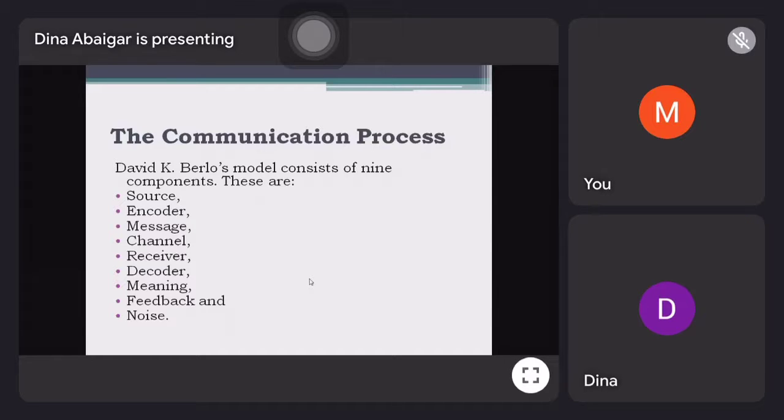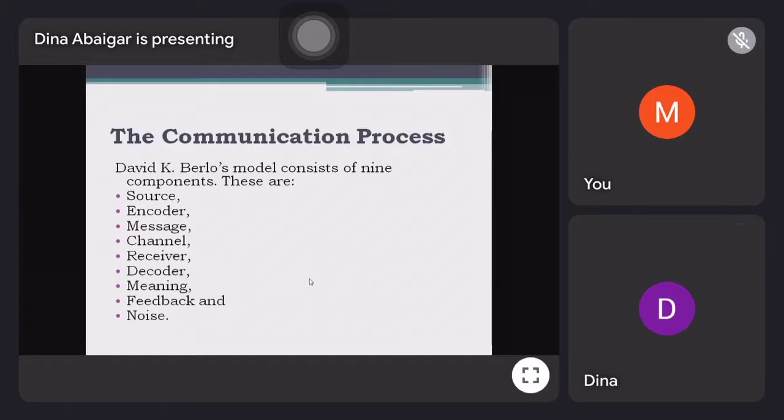The encoder encodes his or her meaningful message. The message is the impact or the whole thought of what the source has been sending. The channel is the method or way of sending his or her message. The receiver is the person who received the details or information given by the source.